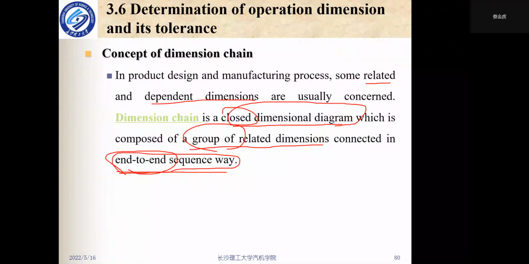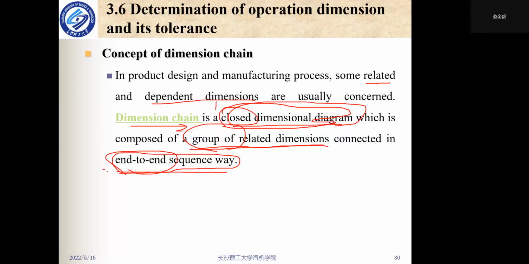So it has some key points in the definition. The first one is the closed dimensional diagram. It's a closed one, the first key point. The second is that it is composed of a group of dimensions, not only one, but a group of related dimensions.